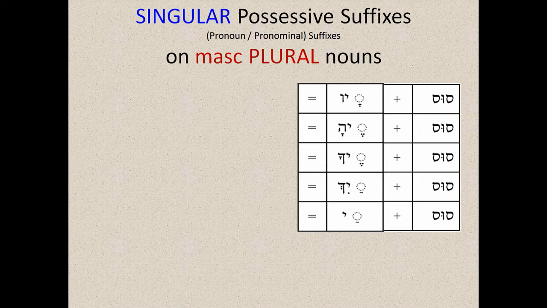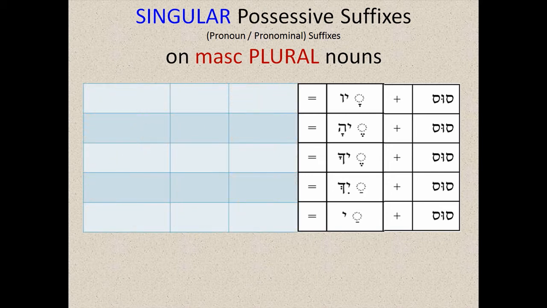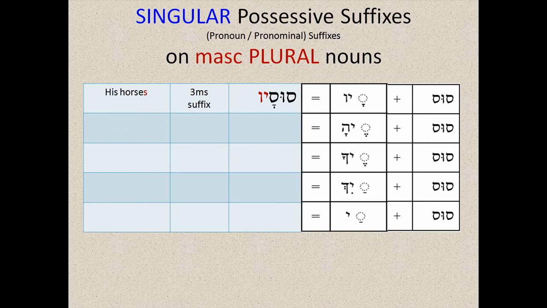So we're just going to be working at memorizing this new set of suffixes that go on plural nouns. In this new set, there will be singular suffixes and plural suffixes, but they all go on plural nouns. So let's go through them. We have, first of all, sus av. So we have a third masculine singular suffix on a plural noun.